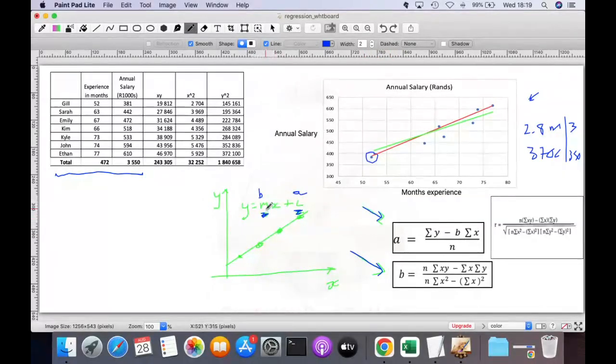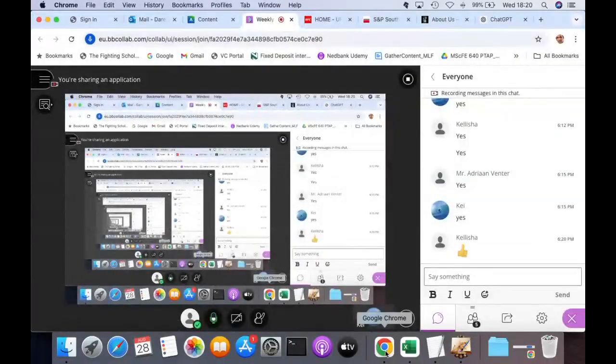If you use them, you can find the slope of the line, which is b, and its intercept. Does everyone understand that? I'll go through the calculations of how to use these equations, but first I'll explain what the slope and the intercept actually mean, or do you want me to go back and explain that? Everyone good?